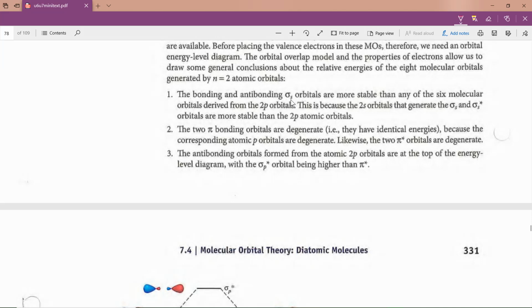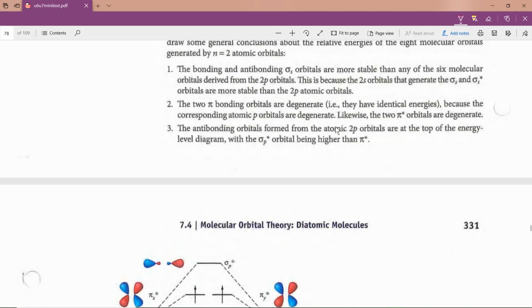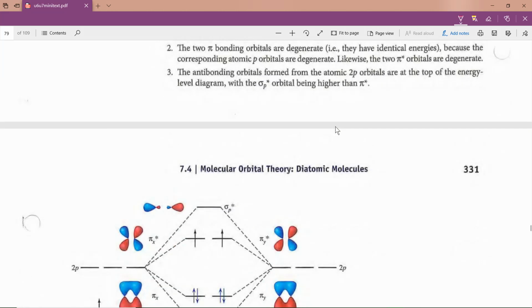So the sigma s are going to be lower down on the hierarchy. They're more stable. And the 2 pi bonding orbitals are degenerate. Degenerate, we used that term before. They have identical energies because the corresponding atomic p orbitals are degenerate. And the pi star orbitals are also degenerate. The antibonding orbitals formed from the atomic 2p orbitals are at the top of the energy level diagram.